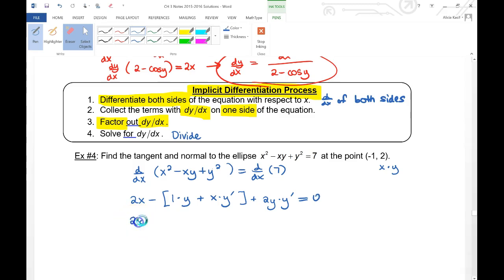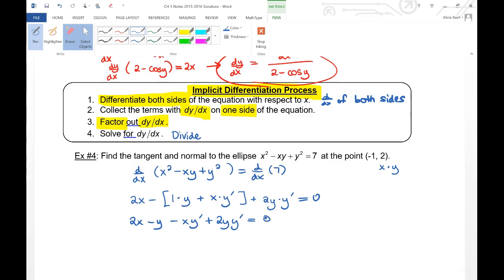And now I want to isolate the y primes. So I have 2x minus y minus xy prime plus 2y y prime equals 0. Anything that has the y prime in it should be on one side, and these two terms don't have y prime or dy dx. I just wanted to get used to seeing it both ways.